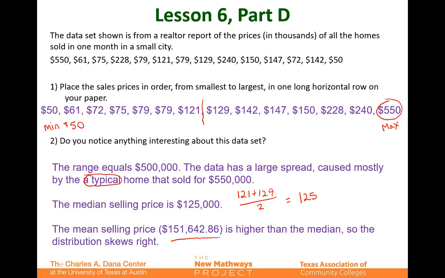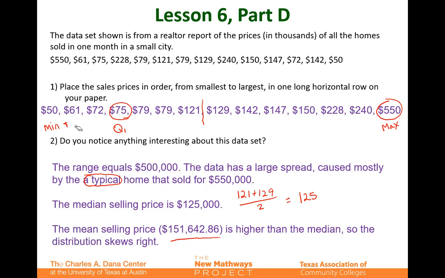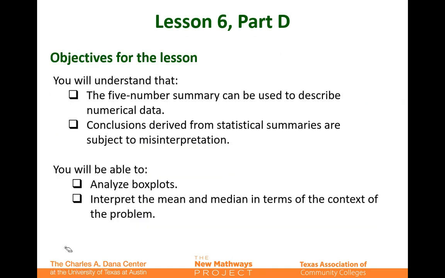The middle of the bottom half, notice there's 7 values, 1, 2, 3, 4, 5, 6, 7. That's Q1. I'm going to just kind of change my labeling just a little bit.